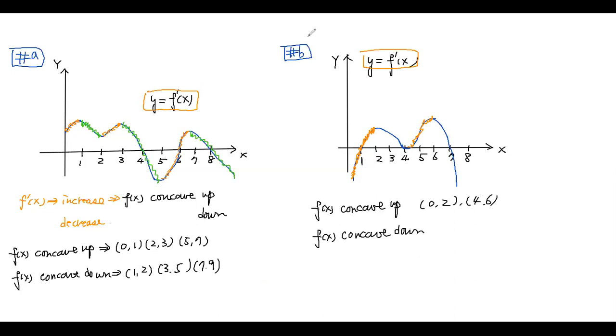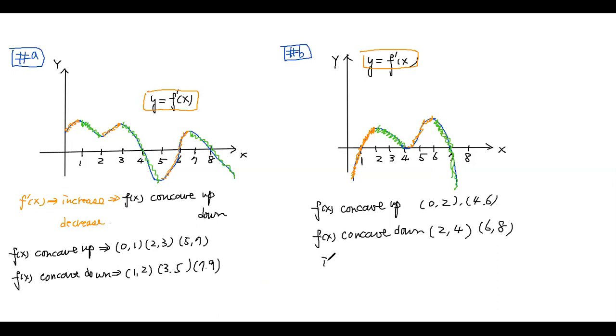And the concave down is here, here, and here. The concave down will be 2 to 4, and 6 to 8, right?